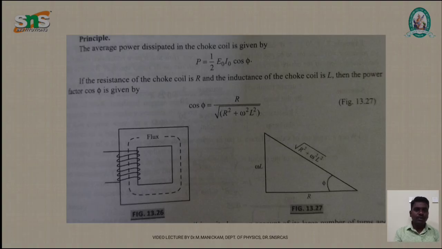The power dissipated in the choke coil is given by P equal to 1 by 2 E naught I naught cos phi, where cos phi is equal to R divided by the square root of R square plus omega square L square. This is the power factor of the choke coil.